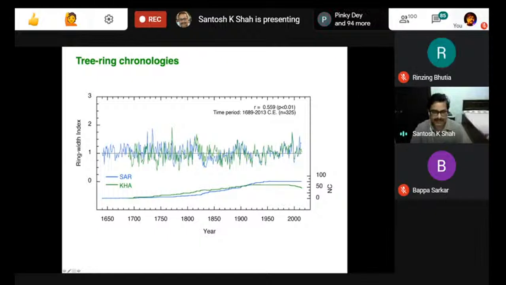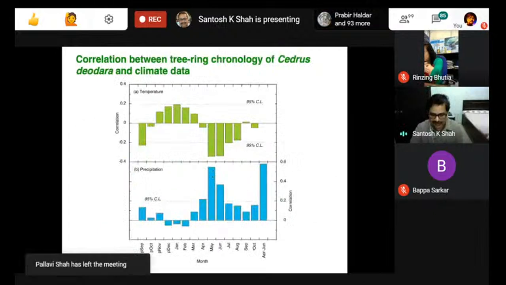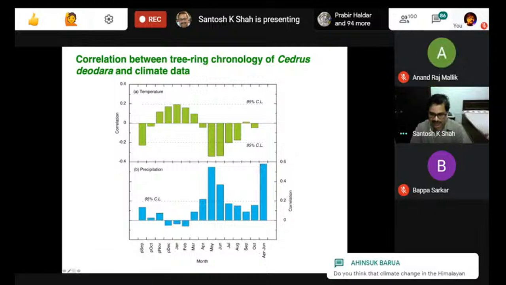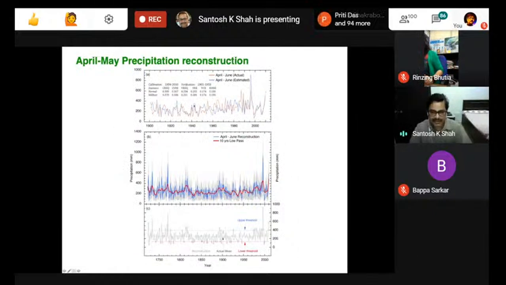We compared this with the climate record and saw that April, May, June precipitation is positively correlated. Based on that positive correlation, we reconstructed this precipitation signal up to 1720.